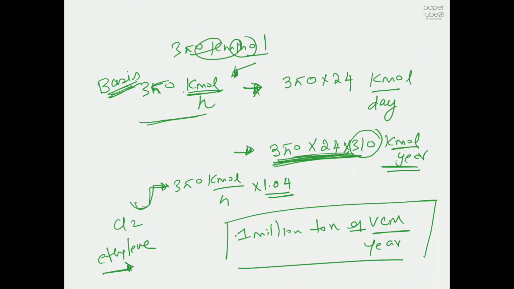So these are the things you need to think about when you are going to design a plant. Even for next year, for the final year design project, this is how your mind should work. If it is the manufacturing of something, you have to go to the literature, select a proper basis, and then check the reaction stoichiometry.